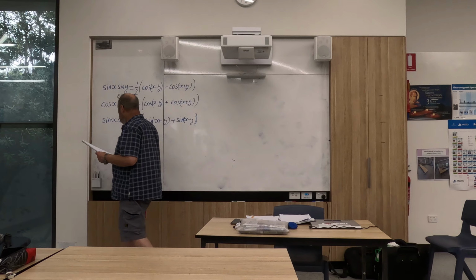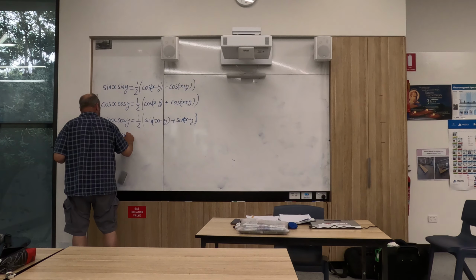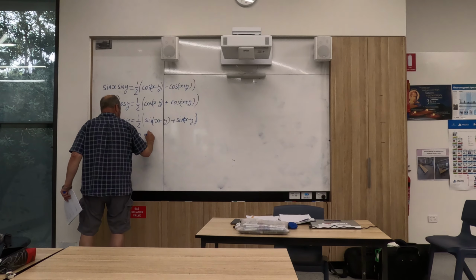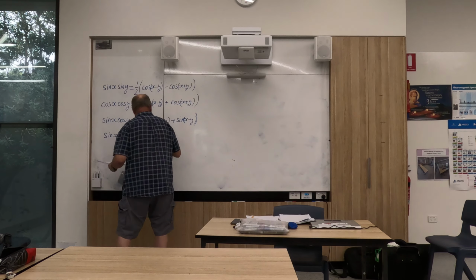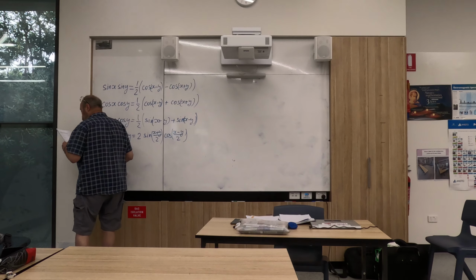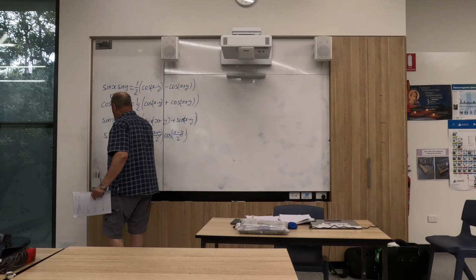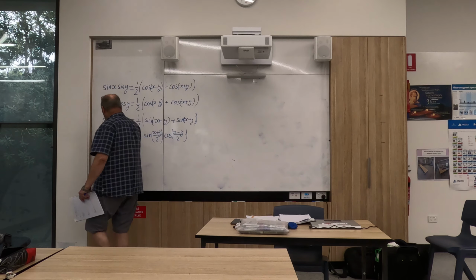If we have sine x plus sine y, it is equal to 2 sine x plus y on 2 times cos x minus y on 2. If we have a minus, sine x minus sine y, we need to change the complete formula.